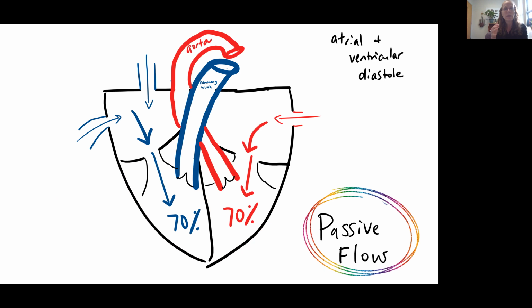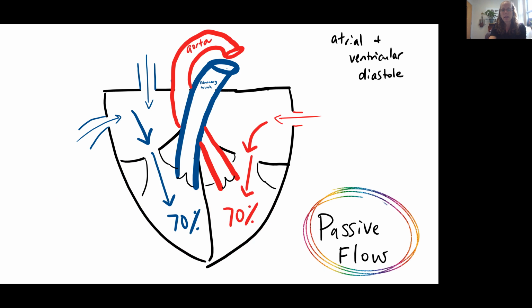This is why you would want to have a slower heart rate, so you have more time for the passive fill before the remaining 30% is forced into the ventricle and then the ventricular contraction. The more time you have for the passive filling, the more total blood you're going to get in that ventricle to pump through the body. Okay, so a slower heart rate is desirable to increase that filling time.